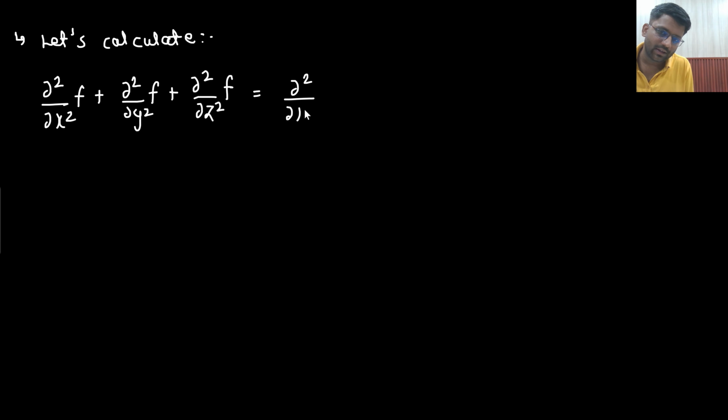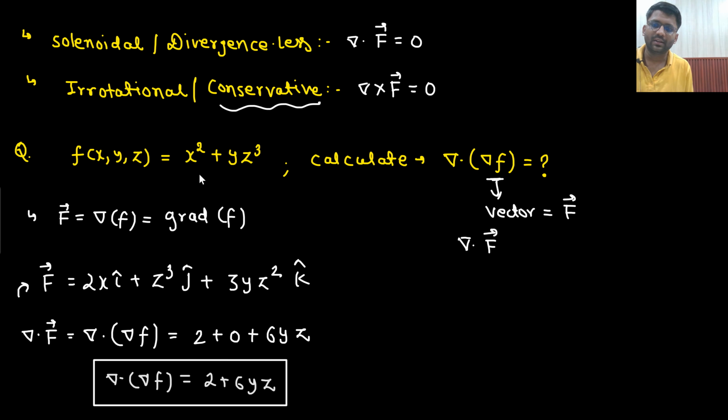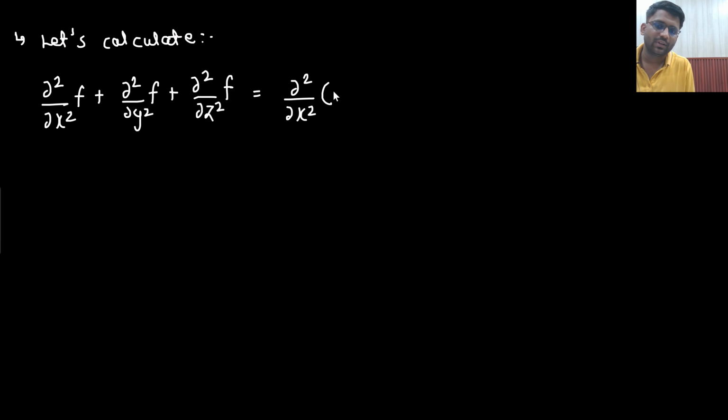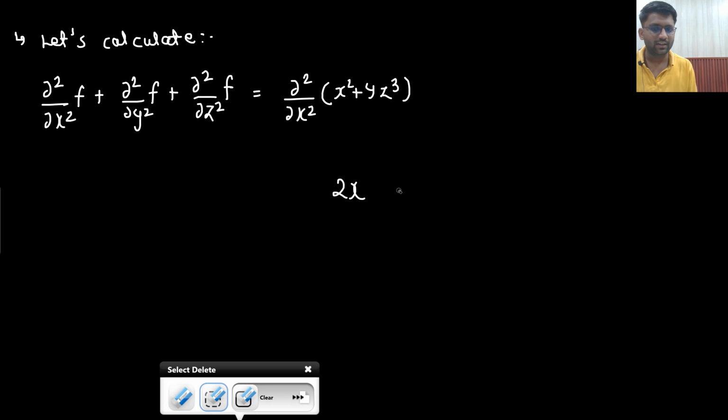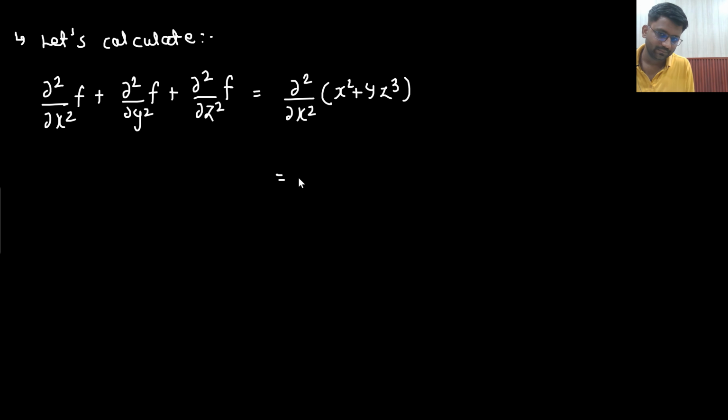Del square by del x square. What is f? f is nothing but x square plus yz cube. That means you need to partially differentiate this function with respect to x twice. When you partially differentiate one time, what is the answer you get? 2x. When you partially differentiate again, what answer you will get? 2 only. So here I am getting the answer to be 2 plus.